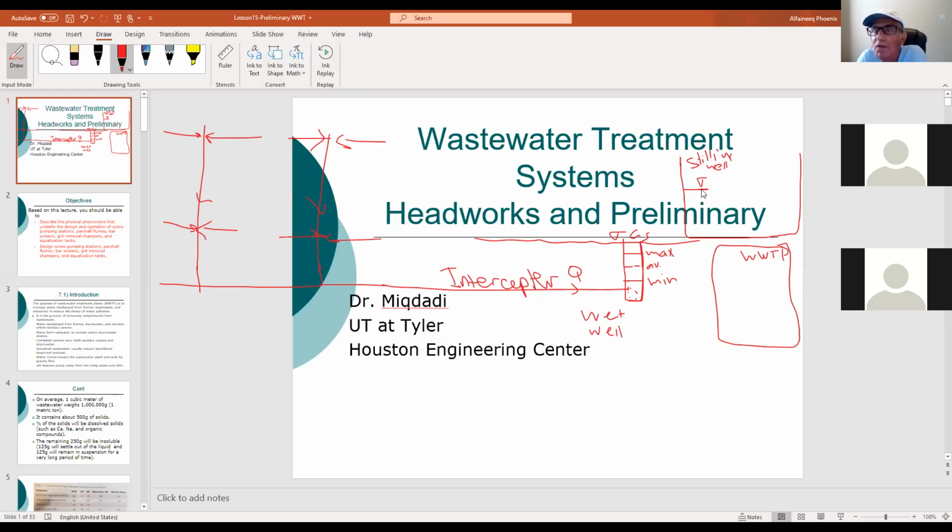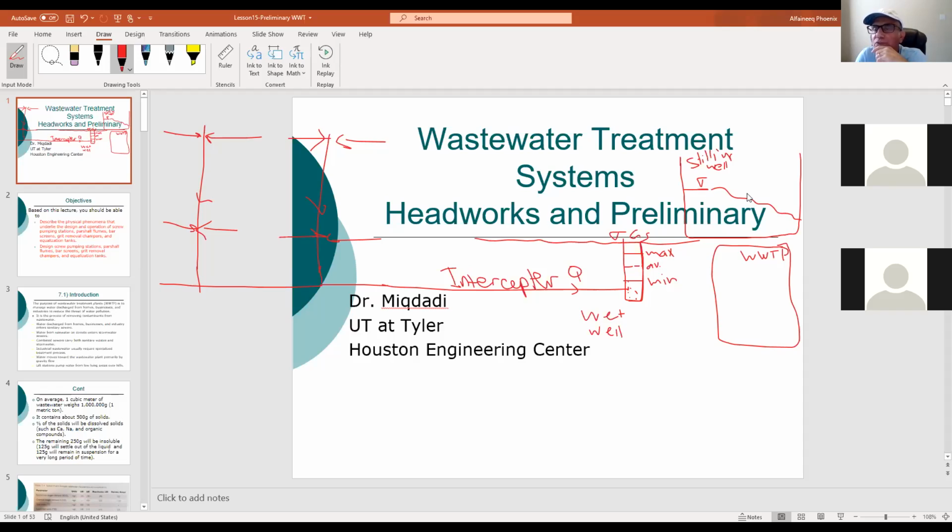Why is that? After that, your wastewater should run through different kinds of facilities and equipment in the wastewater treatment plant by gravity.